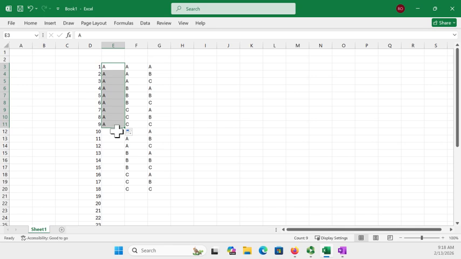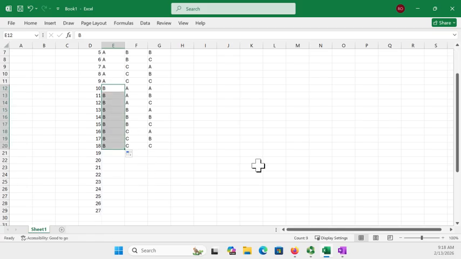Then this is going to be all B, and it goes to 18. Then this one's going to be C's. This is just how many ways we can arrange these things.